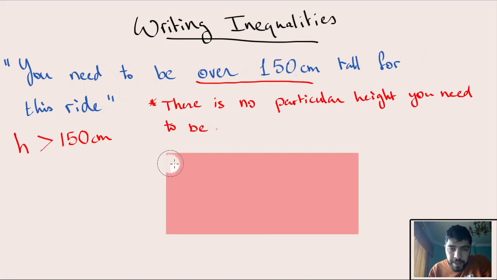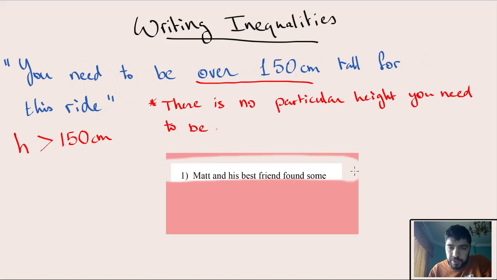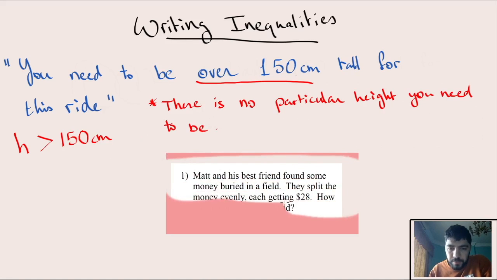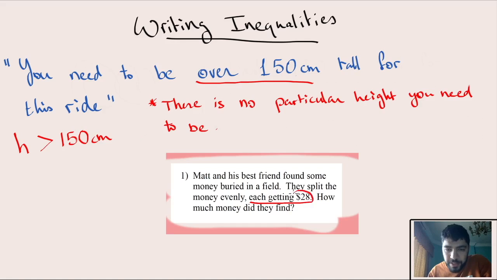And I want you to compare this to our work with equations. So let me remind you of this exciting word problem. Matt and his best friend found some money buried in a field. They split the money evenly, each getting $28. Notice how the wording here is different. It says each of them got $28. So exactly $28.